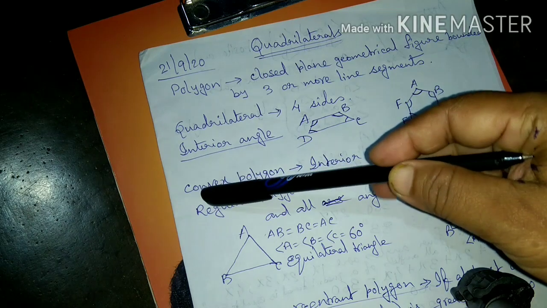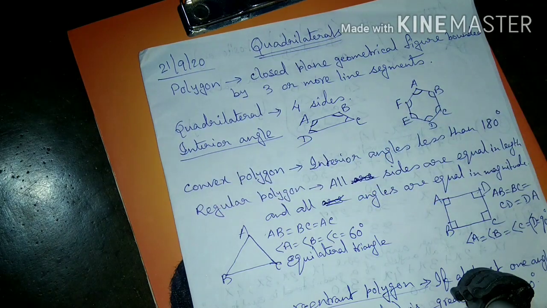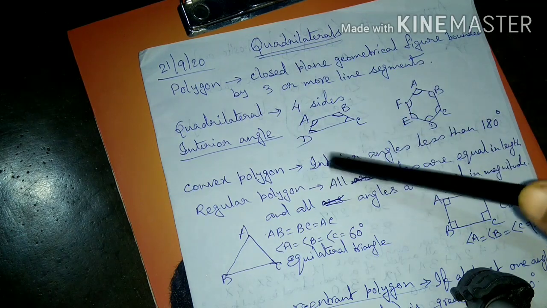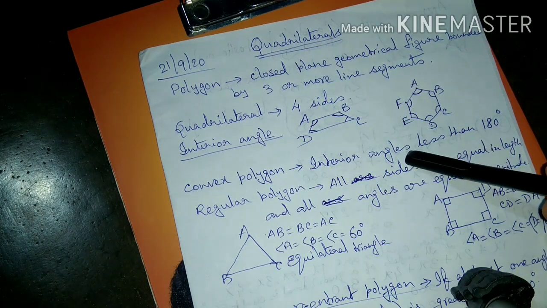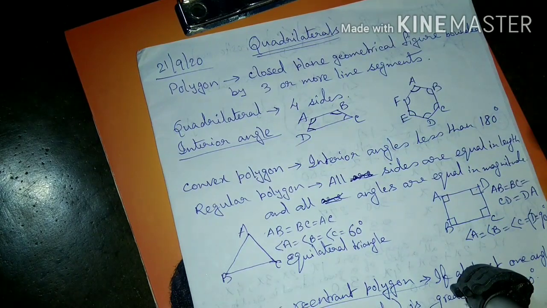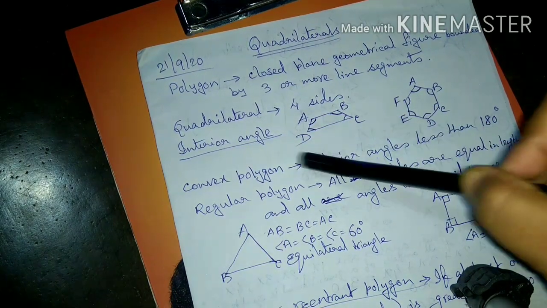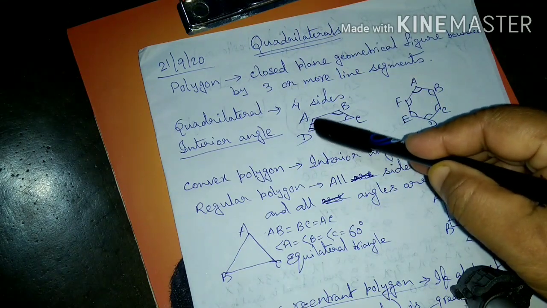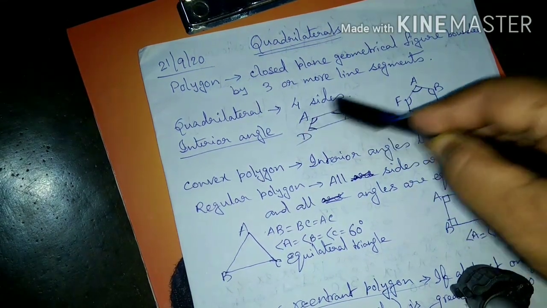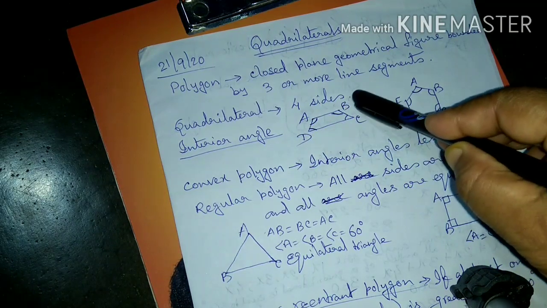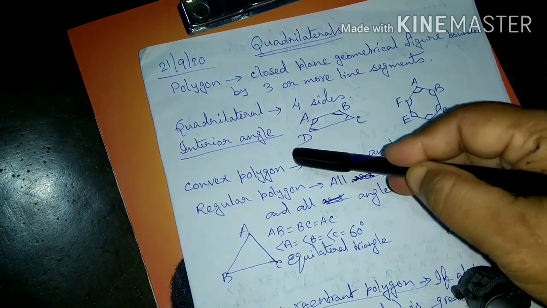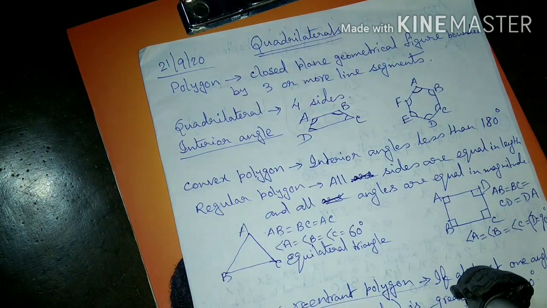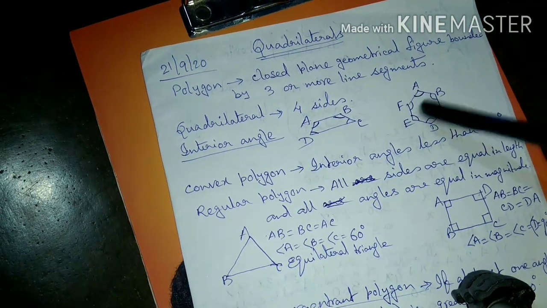Next comes convex polygon. Convex, that means, interior angles. What is called interior angle? Now you see this, I have drawn one quadrilateral. Inside, the angles, like angle A, angle B, angle C, angle D, these all are the interior angles. Here I have drawn one hexagon.